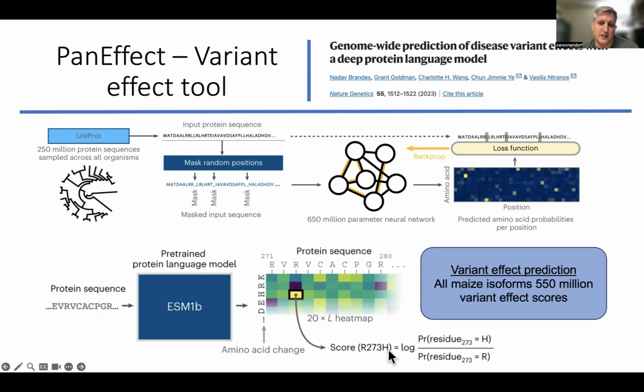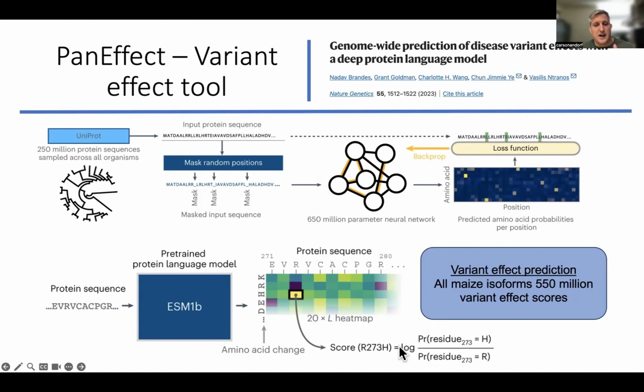Say we want to know the likelihood of a substitution of amino acid H. So you take the probability of the residue H at position 273, again within the context of the rest of that sequence, and then look at the probability of amino acid R, which is the actual value, again within the context of that protein. Then you get this ratio, or log ratio score, at that position.